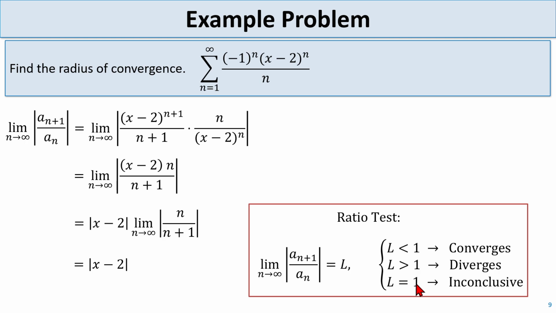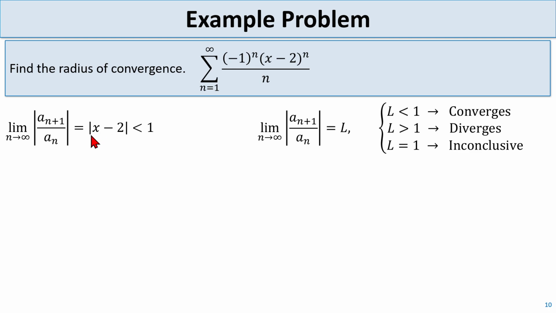And if L is equal to 1, the ratio test is inconclusive. So we know for certain that if this quantity is less than 1, this series is converging for those values of x. All right, let's try and identify what values of x actually satisfy that.